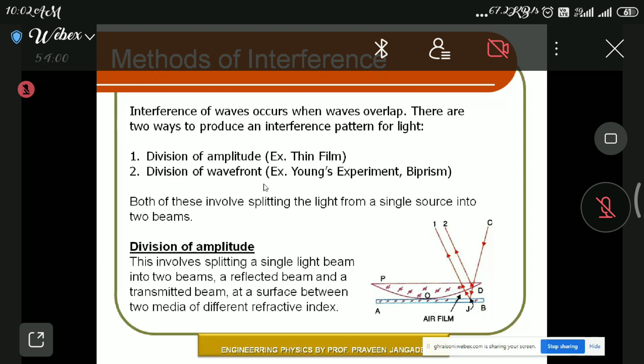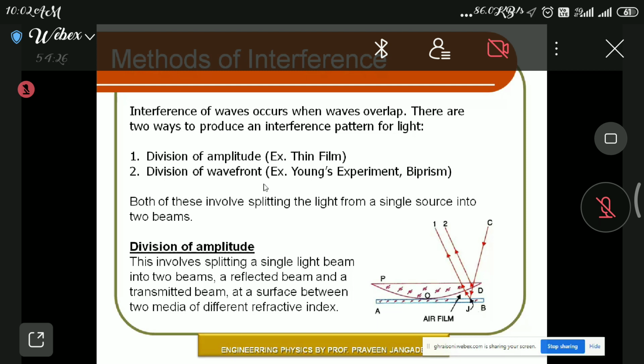While taking observations or performing experiments, we consider the average wavelength, that is 5500 angstrom unit, or 550 nanometer. So a film whose thickness is of the order of 5500 angstrom unit is considered a thin film.